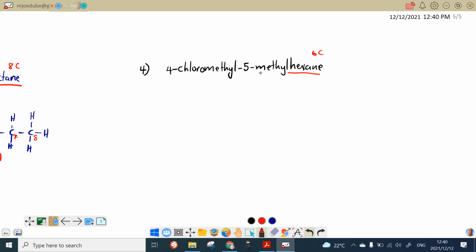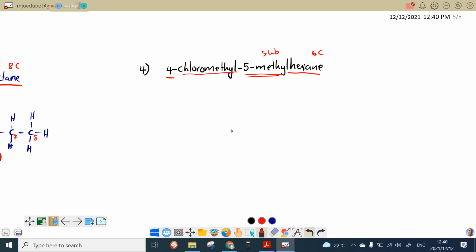And then on carbon number 5 you've got the methyl group attached to it, so that's a substituent group attached to carbon number 5 of the main chain. And then on carbon number 4 you've got the chloromethyl group attached to it.